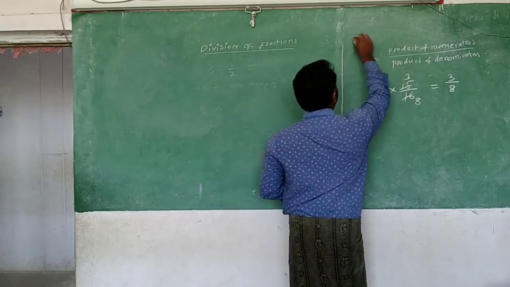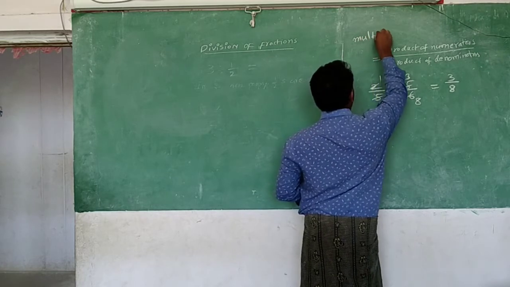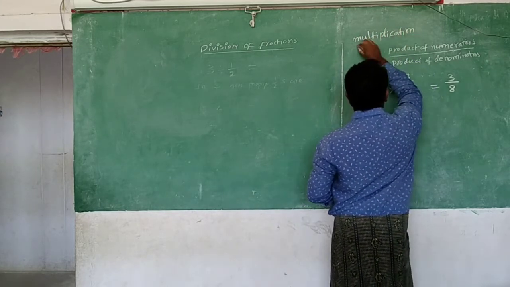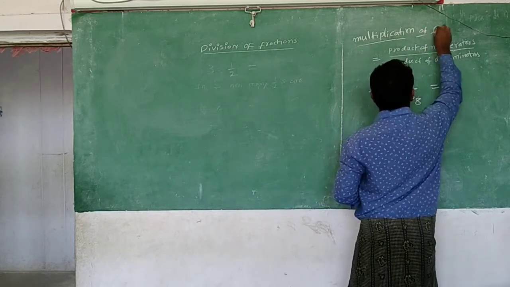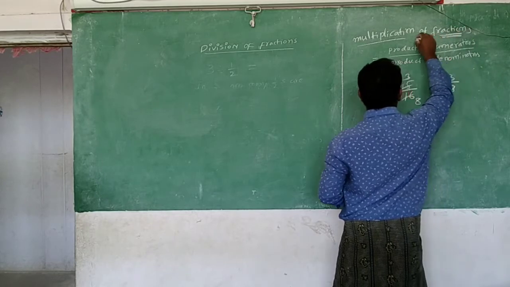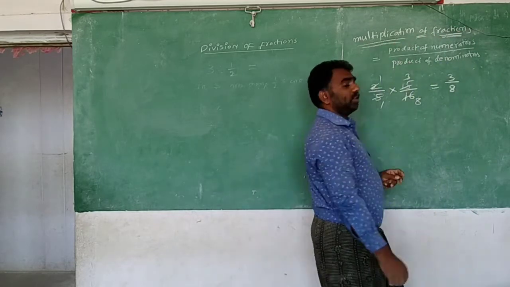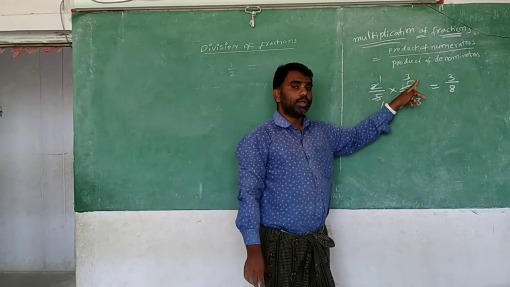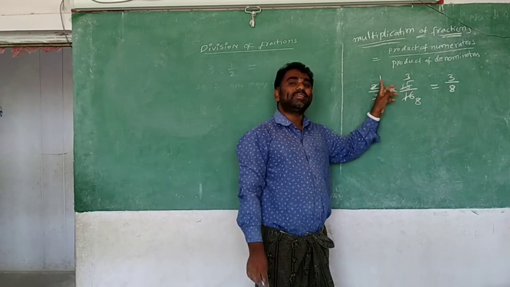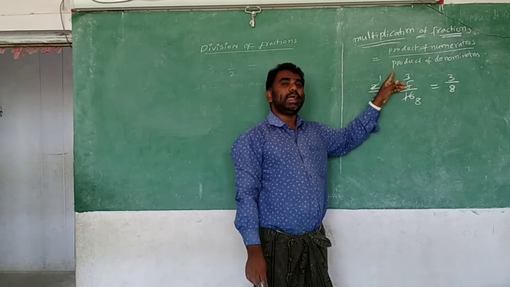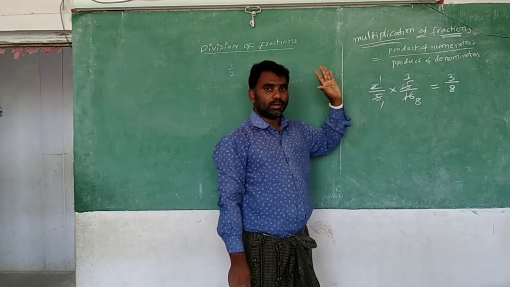So this is multiplication of fractions. What is the method of multiplication of fractions? Once again, product means multiply the numerators and multiply the denominators. Before that, try to cancel with the same table. One must be the numerator and another must be the denominator.